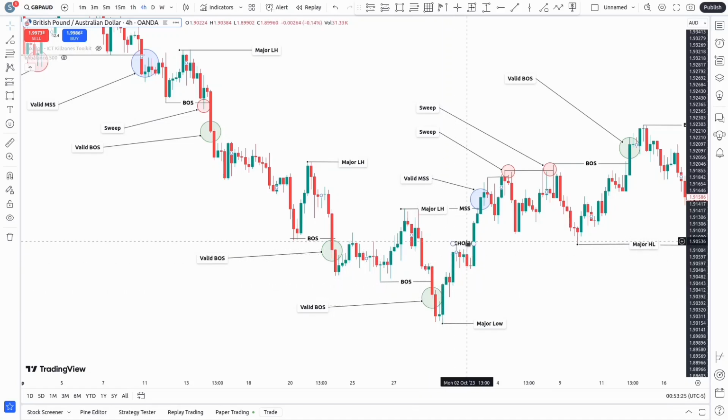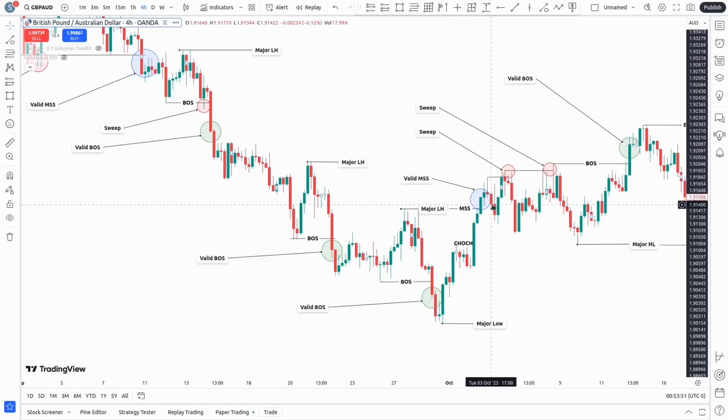We have a change of character here, signifying that we are possibly entering a bullish direction. Price with momentum broke this level. You can see these two candles, even the third candle was still bearish, but all of them close above this level. So this is a valid market structure shift.